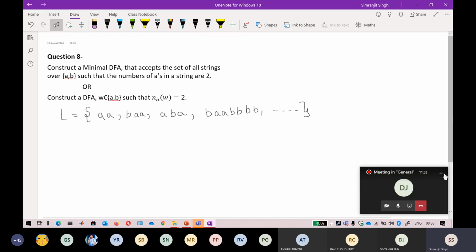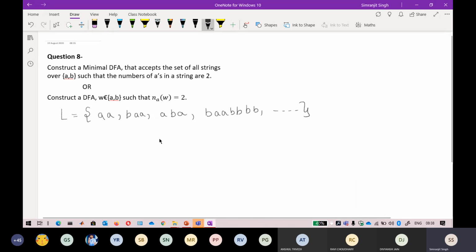Okay, so what do I do if I want to write this, that I want two a's and these two a's can be anywhere? I will try to write a regular expression for it. Don't worry if you do not understand the regular expression right now; I will explain some parts in time. I am saying that b can come any number of times, so this star means 0, 1, 2, 3, 4, any number.